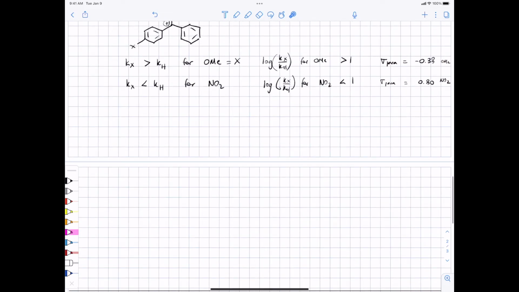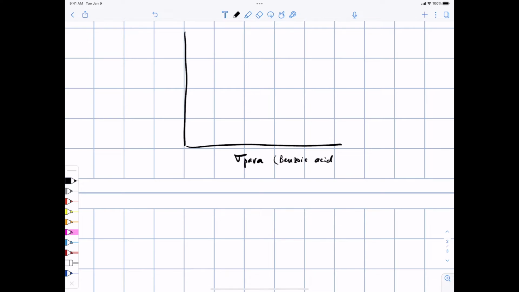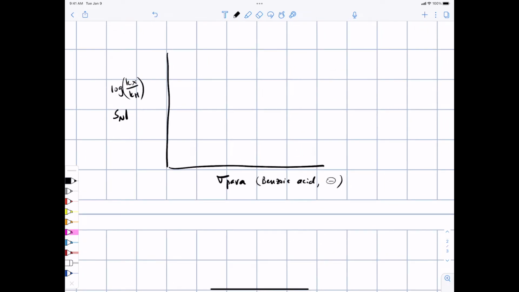So if we were to plot for this reaction, again, sigma para, which comes from the benzoic acid and involves buildup of negative charge, and then we plot log little kX over little kH for this SN1 solvolysis reaction.